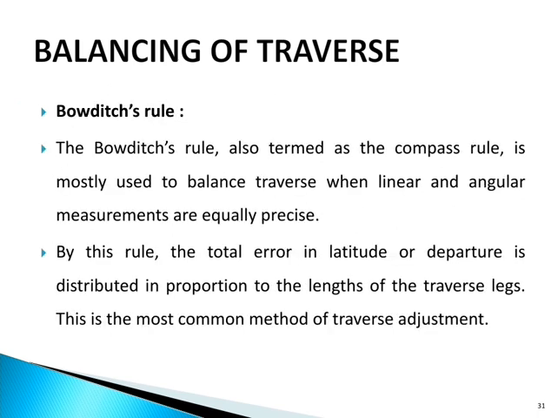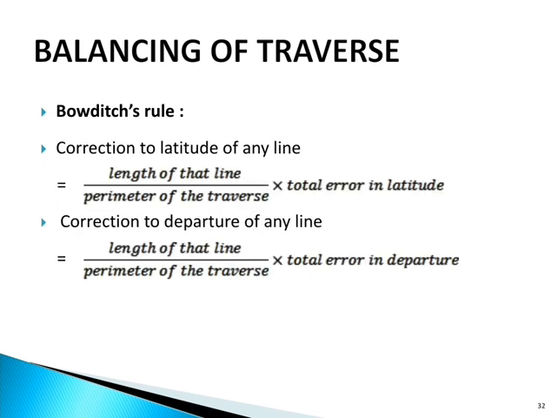The Bowditch rule is also termed the compass rule. It is mostly used to balance a traverse when linear and angular measurements are equally precise. By this rule, the total error in latitude or departure is distributed in proportion to the length of the traverse leg. This is the most common method of traverse adjustment. So let us see its equation.